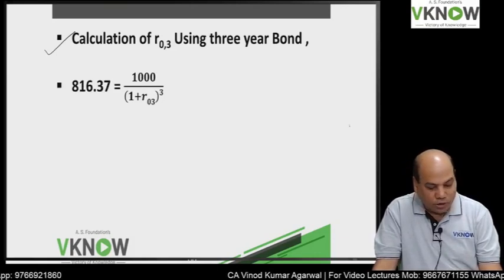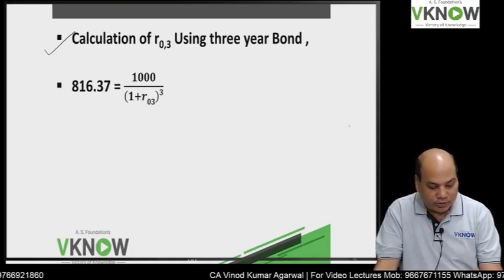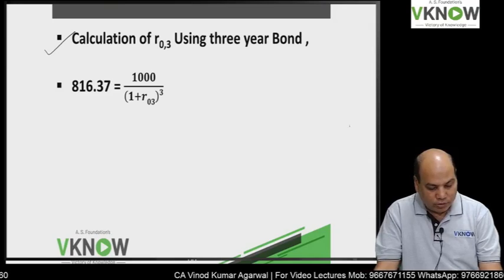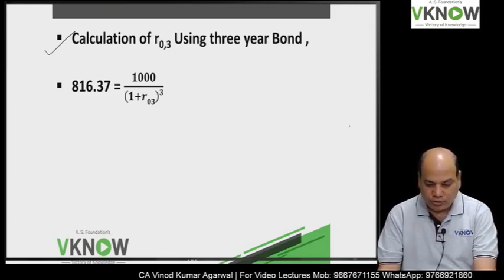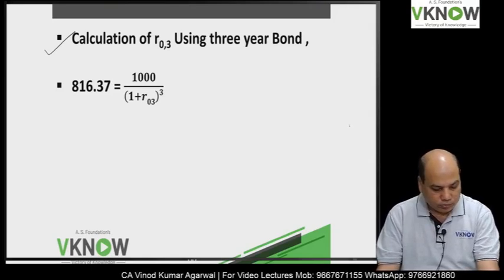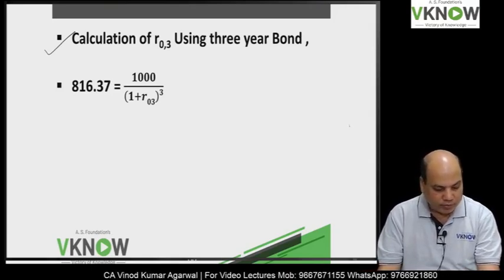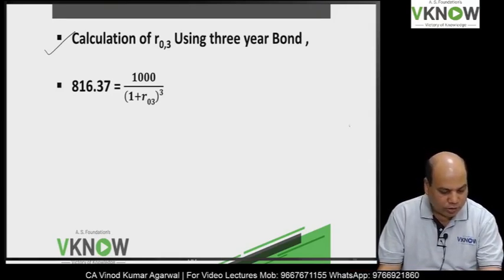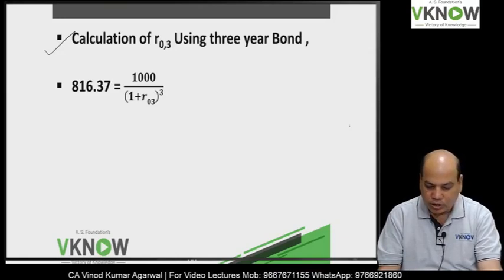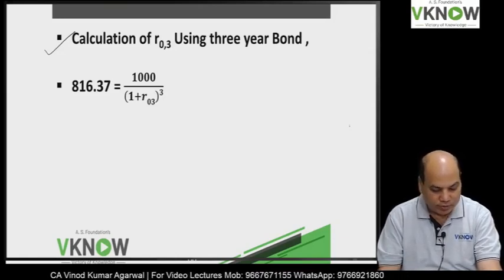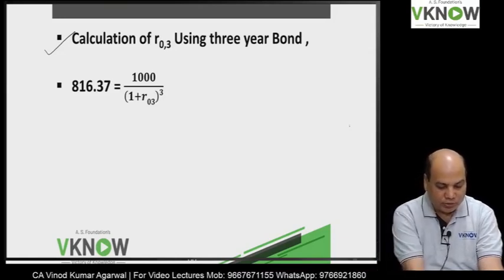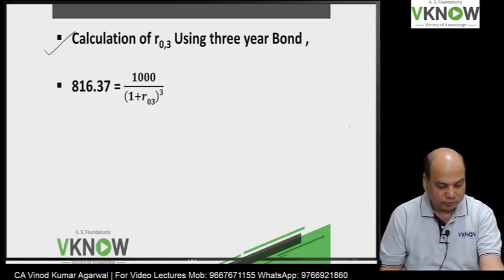Present value is given in the question, 816.37 is equal to 1000 divided by (1 plus R03) to the power 3.